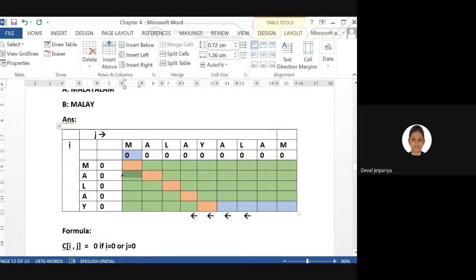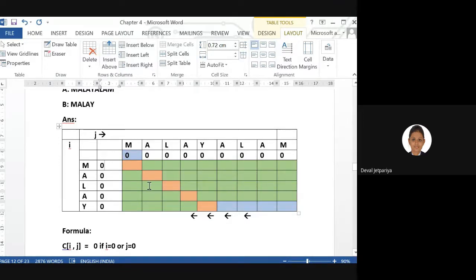Let's suppose for this box, column wise we have N, row wise we have A. We need to check whether both characters are the same or not. If same, that means if we find a match at a particular box, we need to do diagonal value plus 1. Whatever is at its diagonal position, to that value we add 1.